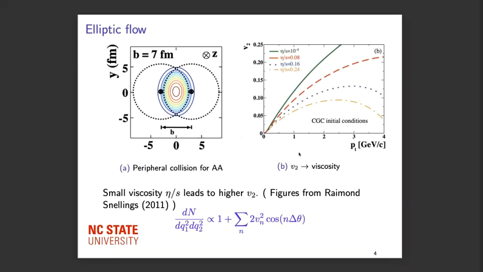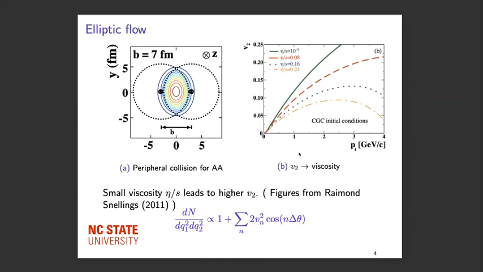One of the major applications of this flow signal is to measure the viscosity of the quark-gluon plasma. Basically, if you start with the same amount of correlation as the initial condition, and the fluid has higher viscosity, you will have less correlation surviving in the final state.